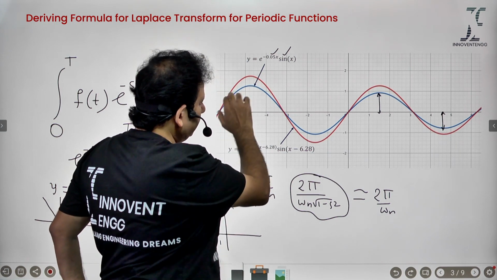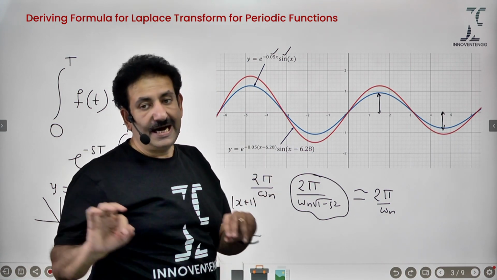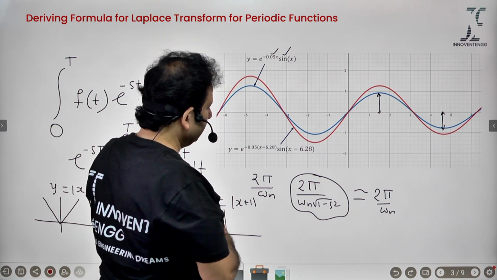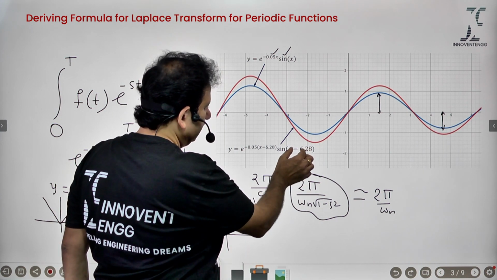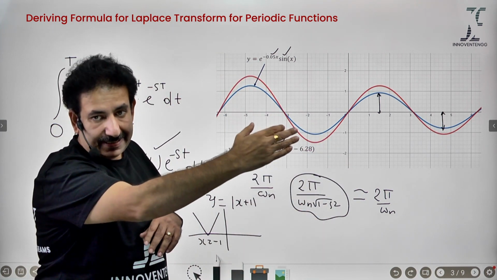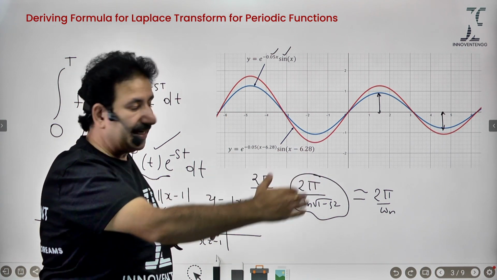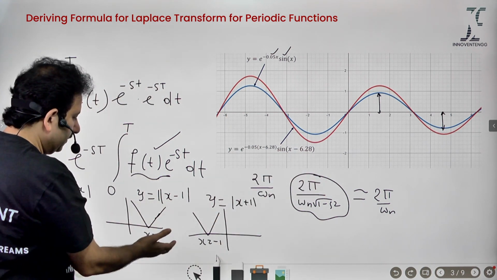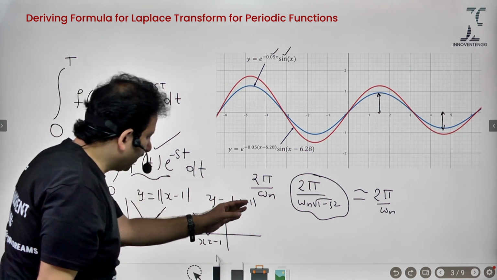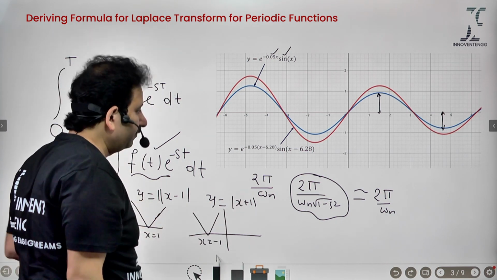See, look at this damped sine wave. I would call this a damped sine wave. What is happening here is, the moment I subtract, whether it should shift forward or backward, or right or left, it should shift right. Now it is very clear. Whenever you are subtracting, it should shift right, and whenever you are adding, it should shift left, right?